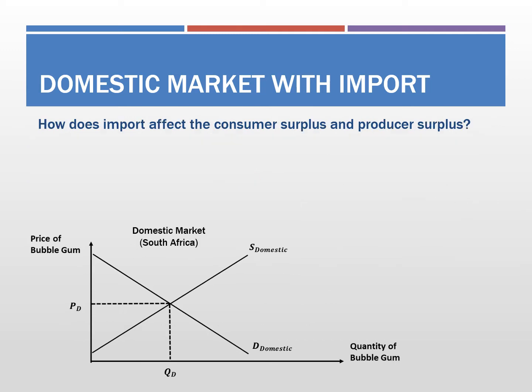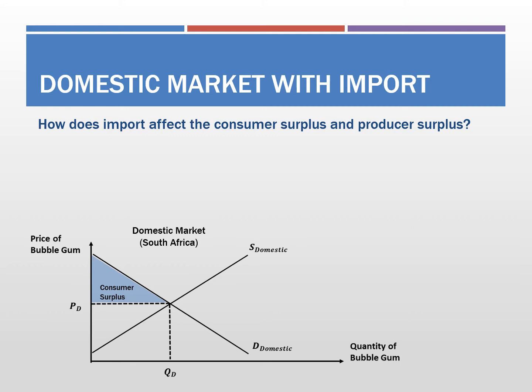So to summarize, we want to know how the bubblegum market in South Africa will react to this open economy. The easy way to think about this is to start thinking about how the consumer surplus will be affected.